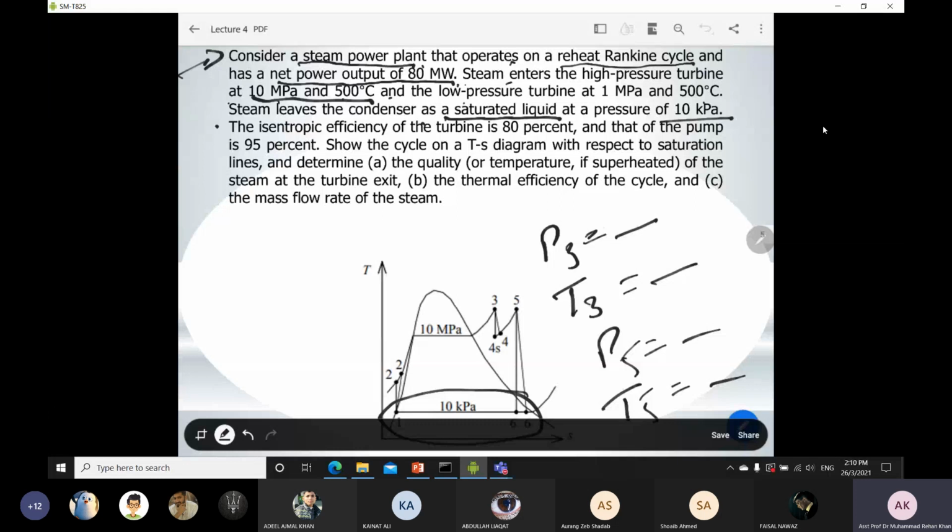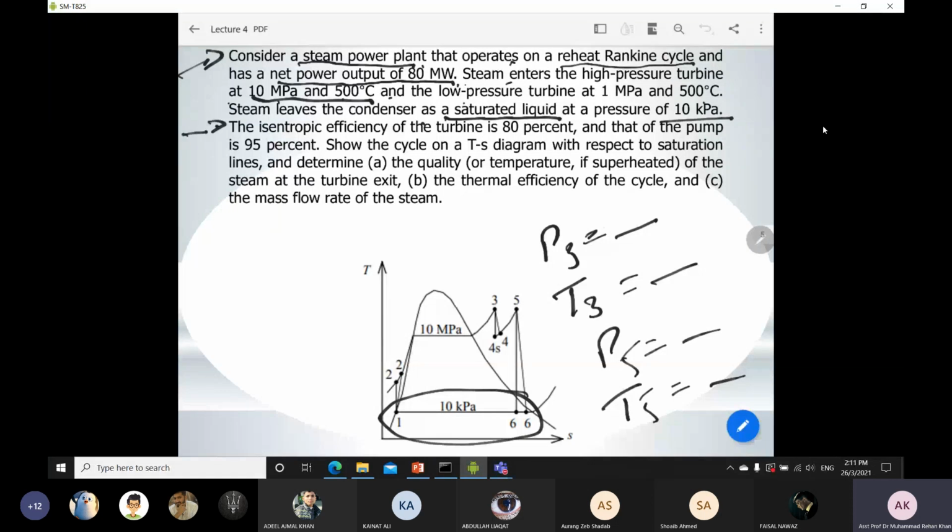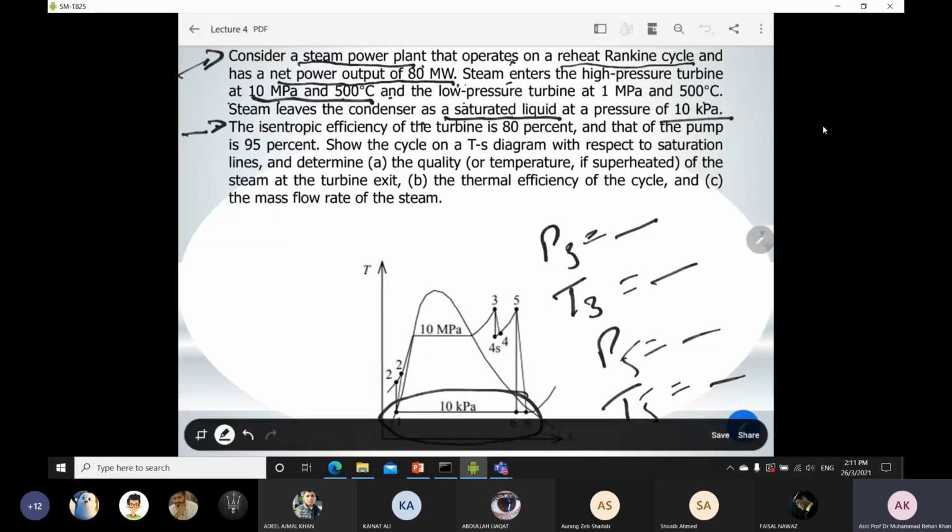The isentropic efficiency of the turbine is 80%. Because there are irreversibilities in the system, you have to judge from this statement. When the isentropic efficiency of the turbine is 80%, it means that there are irreversibilities, so this is the actual Rankine cycle. If this statement is not available in your question, it means it is the ideal one, or it is mentioned that it is an ideal reheat Rankine cycle.